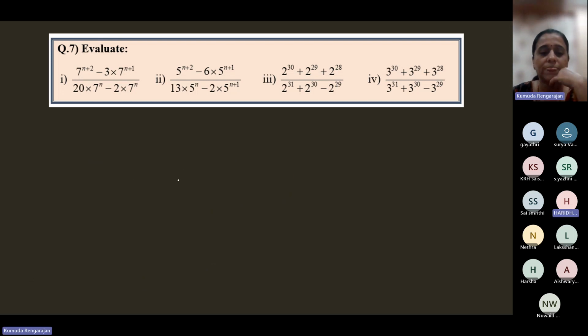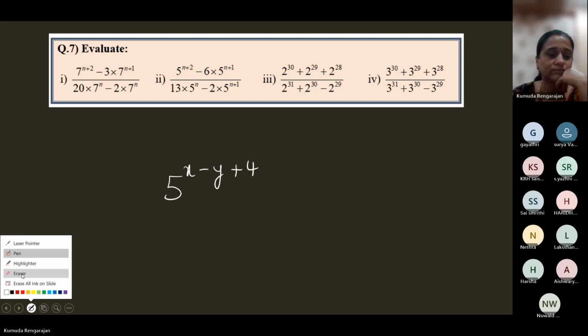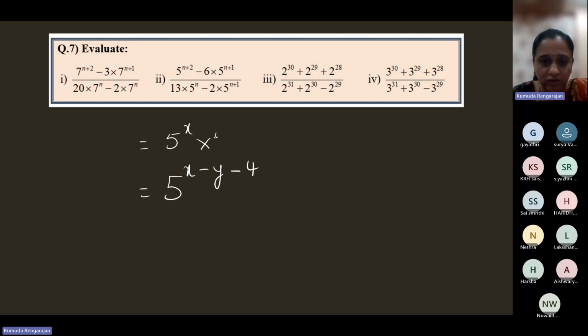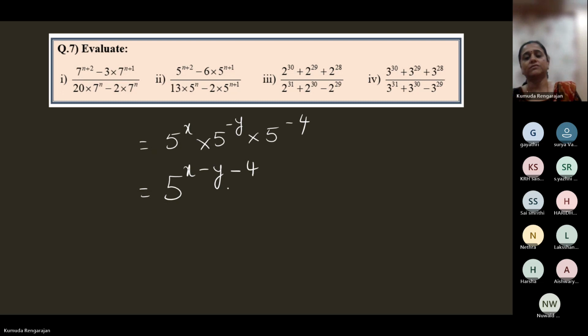Now, supposing you have 5 to the power x minus y plus 4, or say minus 4. Then the earlier step should have been 5 to the power x into 5 to the power minus y into 5 to the power minus 4. Bases are same, 5, 5, 5. It's multiplication, so we have to add the powers.